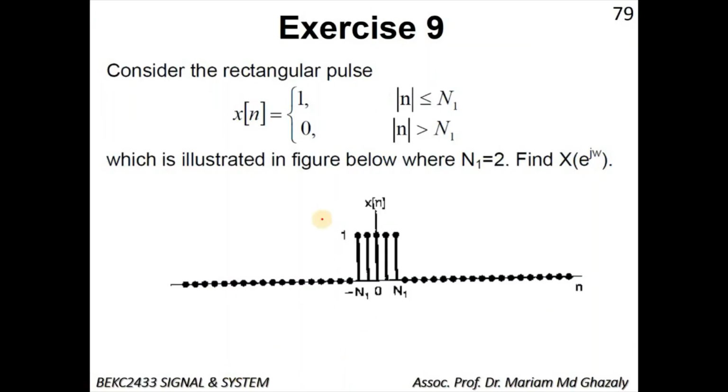Let's look at another one. For this exercise, try to do it at home. Consider the rectangular pulse, where x[n] is 0 for |n| larger than N1, and other than that the value is 1. Try to solve this when N1 equals 2, so basically we have 0, 1 and 2, and 0, minus 1 and minus 2.